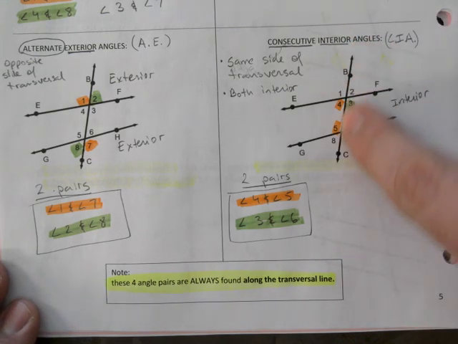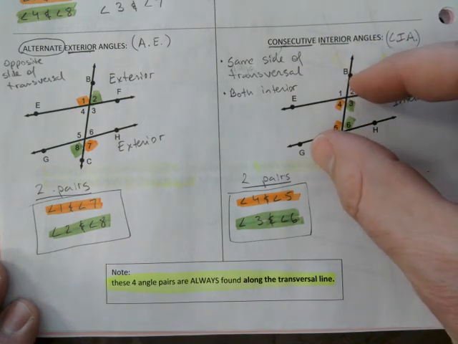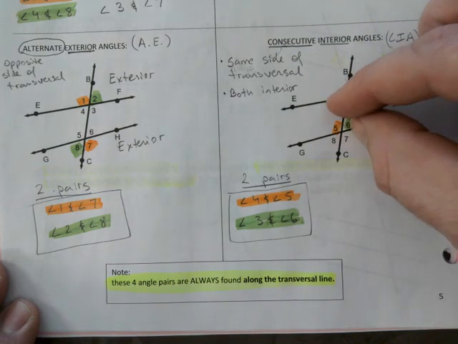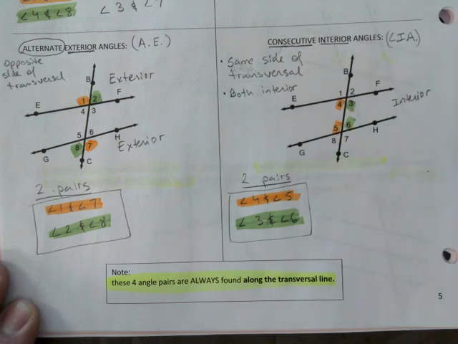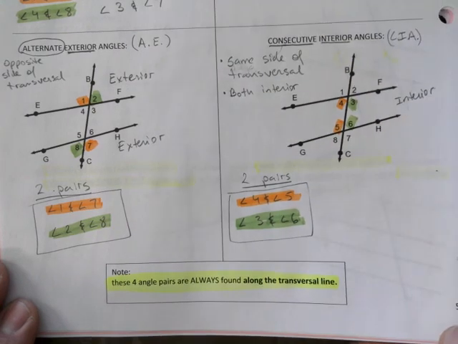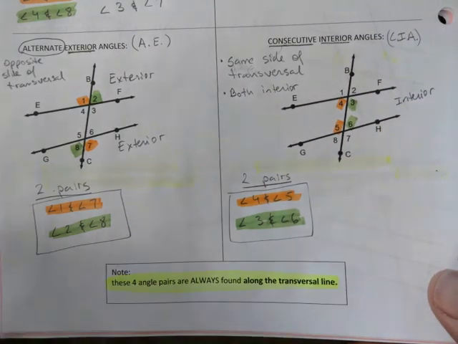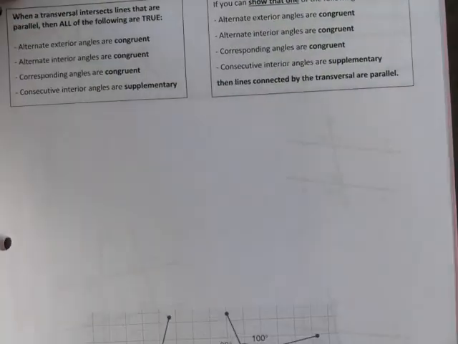So if you focus on this one, there's alternate exteriors, we have alternate interiors, we have corresponding, and we have consecutive interiors. So all 4 of these types are found there. So these are important for you to know, okay? Now that we know them, we have a name for them, right?